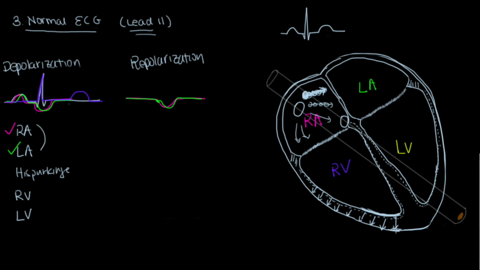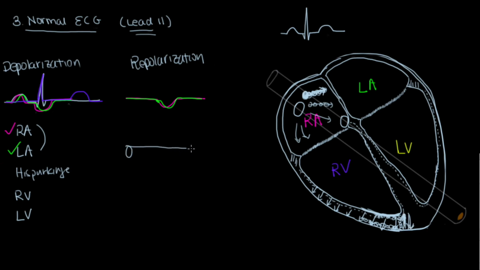And it's the same story with the repolarization process. The subepicardial ventricular cells actually start repolarizing earlier than the subendocardial ventricular cells. So the ventricular cells repolarize in the order of moving outside inwards.